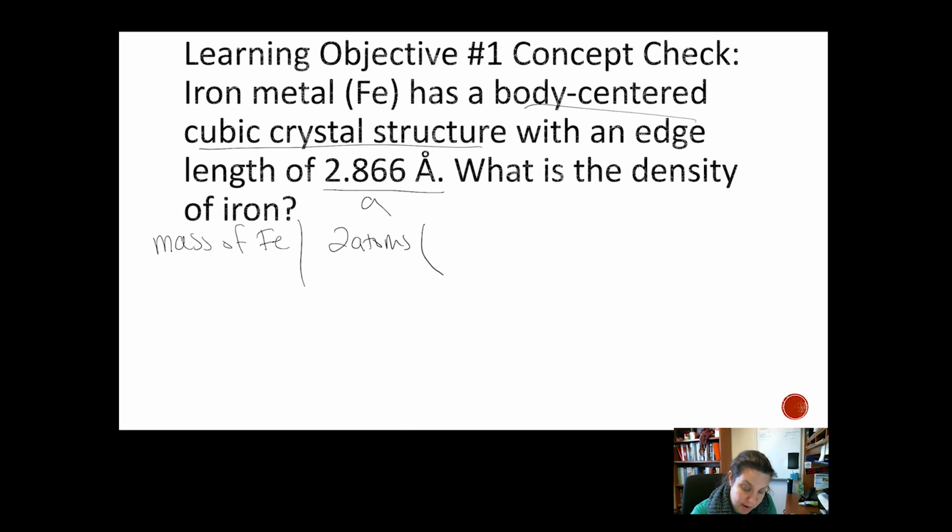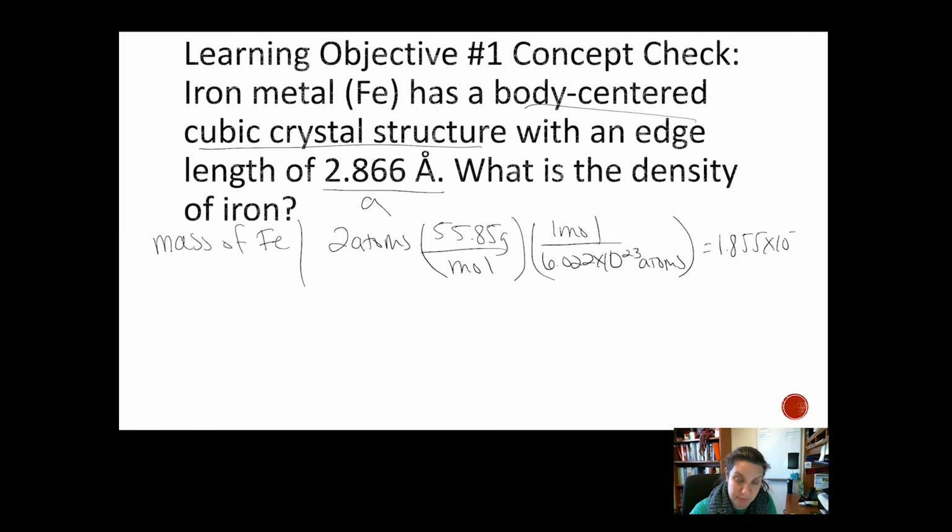For this, we have a mass of 55.85 grams per mole. And again, we still need Avogadro's number, so we can cancel out moles and just give us grams. So 6.022 times 10 to the 23rd atoms, giving us a total mass of 1.855 times 10 to the negative 22nd grams.